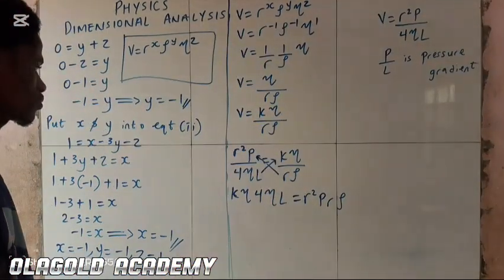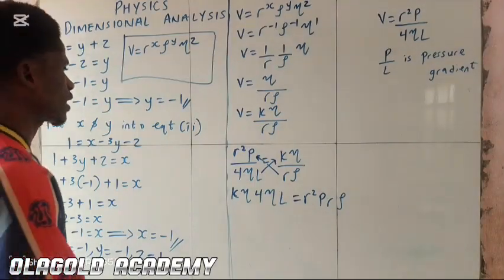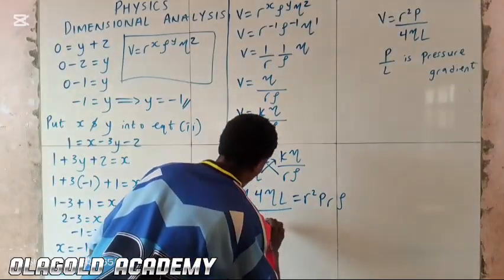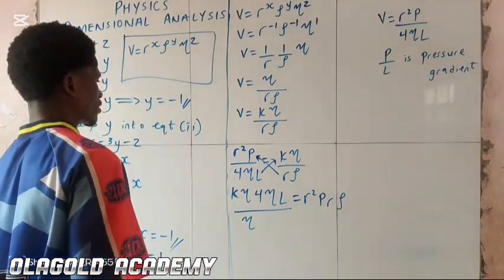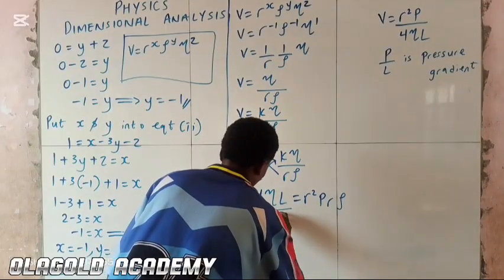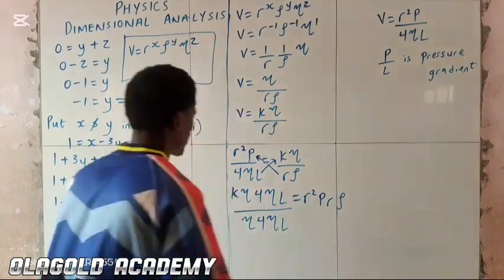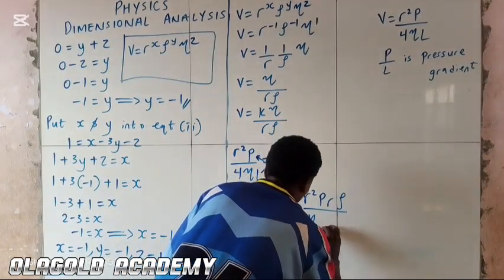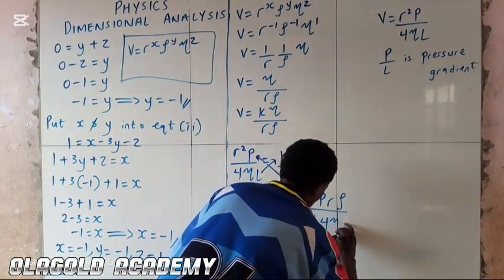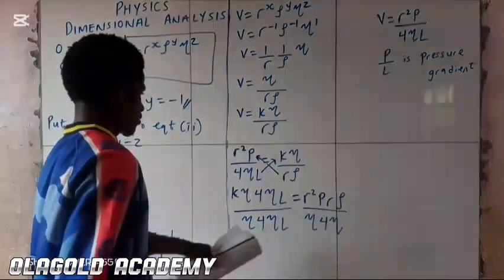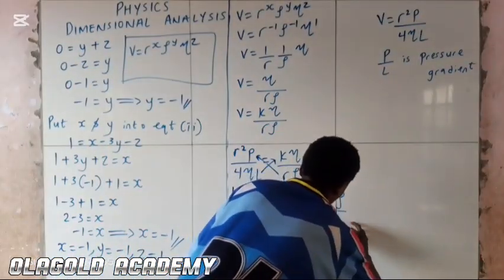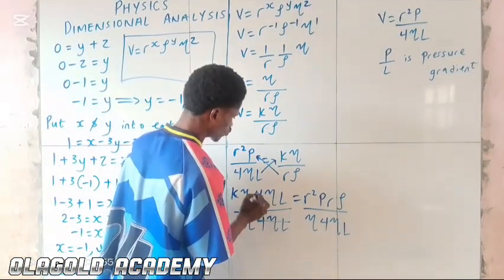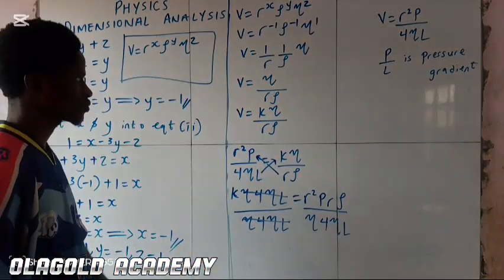Our next task is to divide both sides by the coefficients of k. So it becomes everything over eta multiplied by 4 multiplied by eta multiplied by l, so we have this over rho multiplied by 4 times eta and l. From there, this cancels out this.